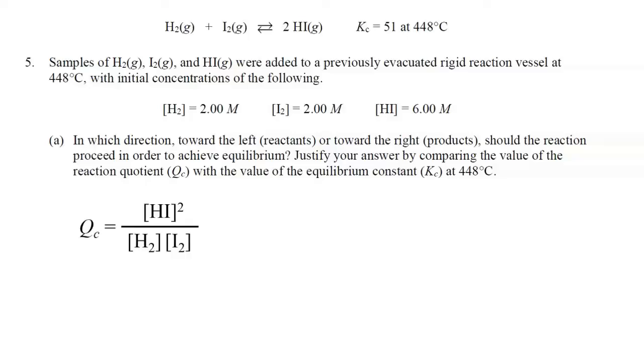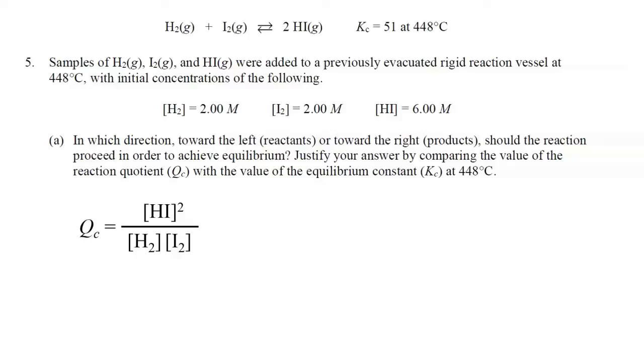So how do we calculate Q? It looks identical to the equilibrium constant expression, but this time we plug in the values for this point in time, which is the initial concentrations. So we're not going to get 51 because these are the initial concentrations before equilibrium has been achieved.